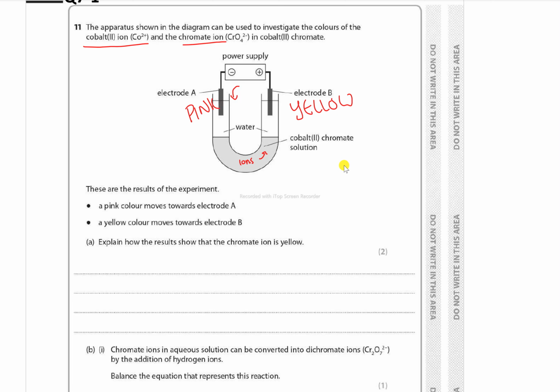Right. The chromate ion is up here. The chromate ion is CrO4 2 minus, so it will go towards a positive electrode. Right, and you're supposed to panic. So positive is anode.